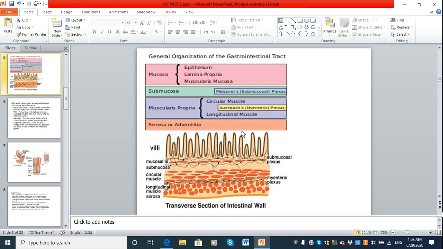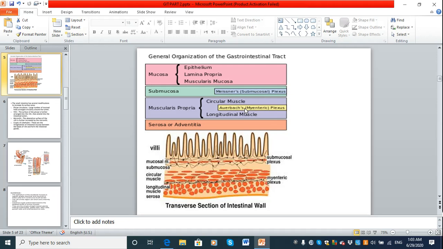I converted everything I said in the previous slide into a table and then a cartoon diagram. Here for the mucosa, you see epithelium, lamina propria, and muscularis mucosa. Look at this area: the submucosa and muscularis propria, where you see the plexus, like lines between the walls.